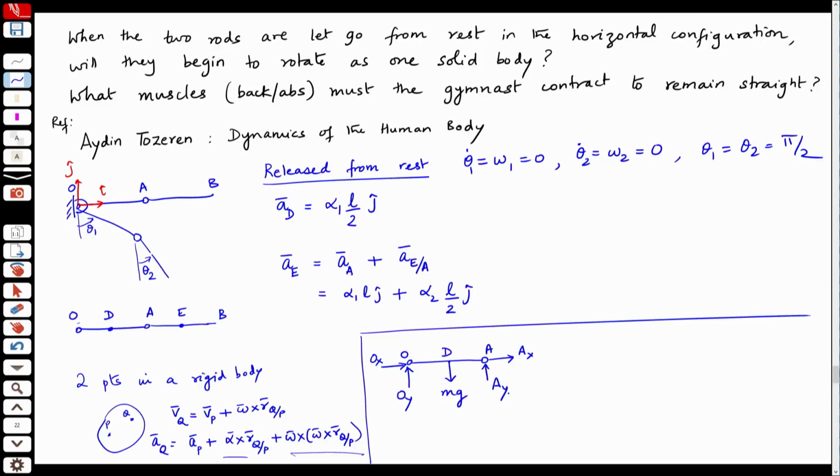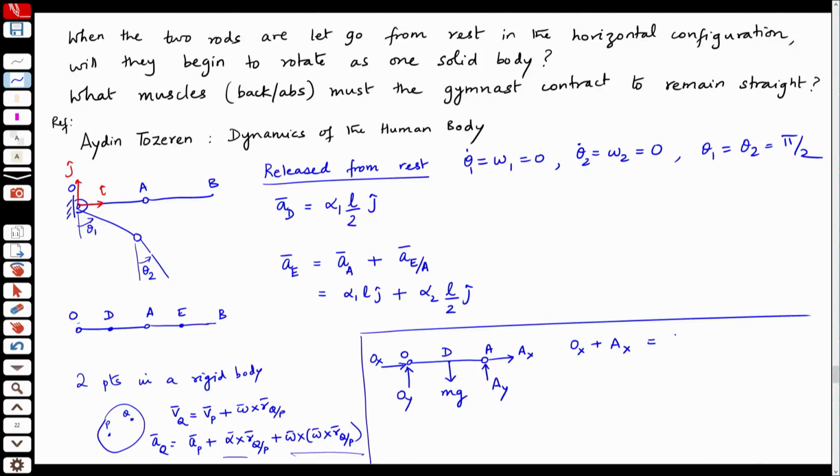And so, I can apply sigma Fx equal to m ax, sigma Fy equal to m ay, and because O is a fixed point, I can also apply sigma M_O equals I_O into alpha 1. Okay. So, I have Ox plus Ax. Please make sure you are also working it out with me, so that if I make a mistake you can fix that.